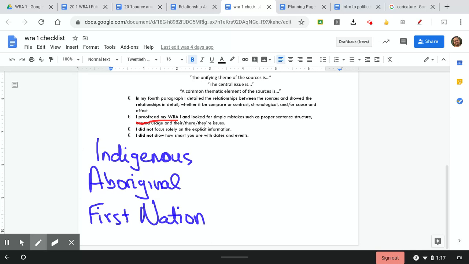Also, if you're using the term First Nations, always put First Nations before Canada. So you could say First Nations of Canada. Do not put Canada's First Nations. This is showing a possessive quality. We do not want to do that.